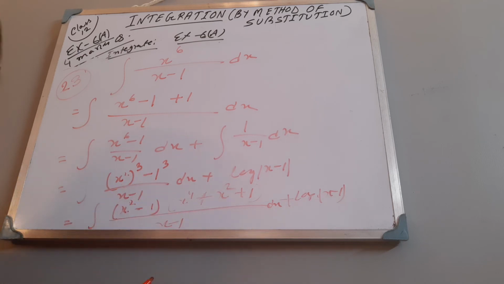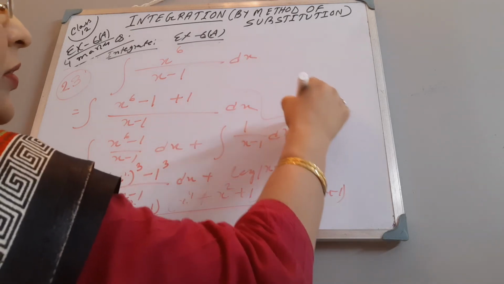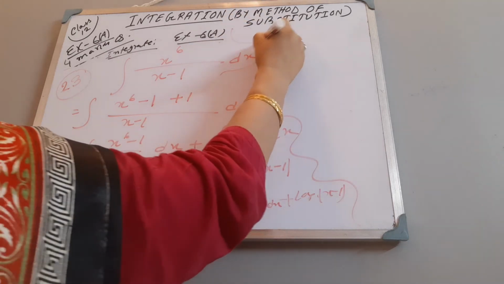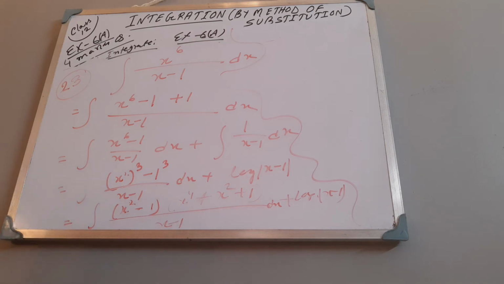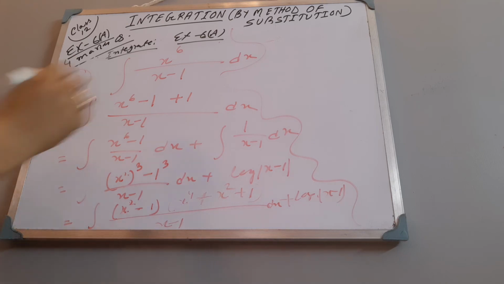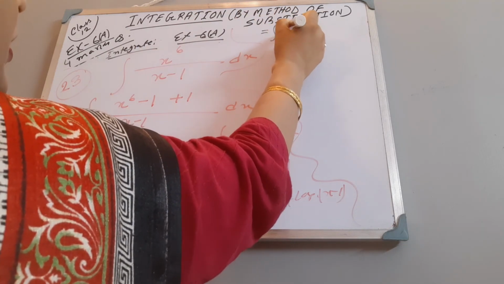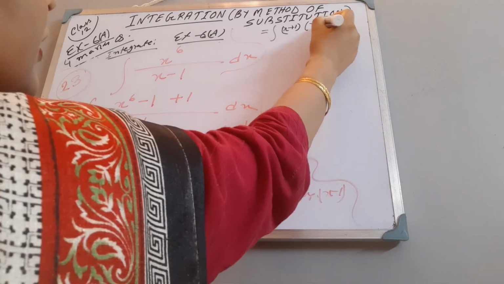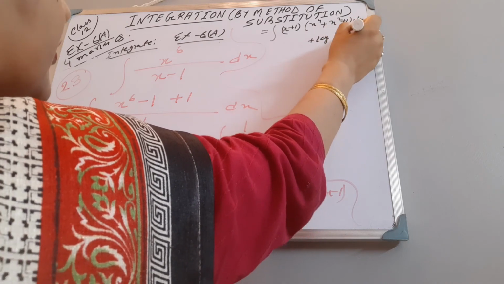So these two terms will be cancelled. Then we will get in the numerator x plus 1 into x to the power 4 plus x square plus 1, this is dx, and log x minus 1 we have already got.